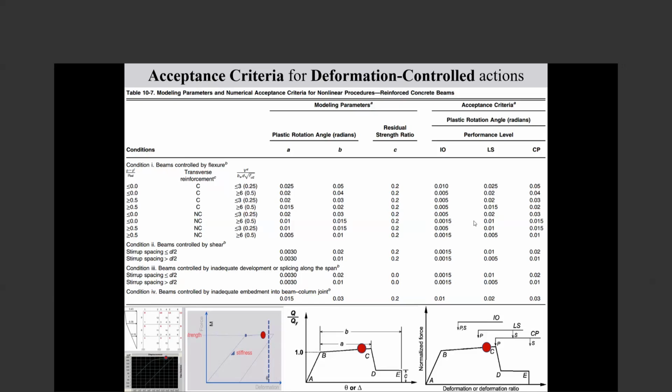But if you don't want to use this curve that is already provided, they let you develop your own curve. The good point about these curves is that they are derived from experimental results based on cyclic analysis.